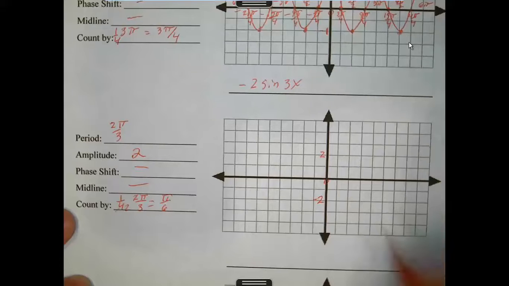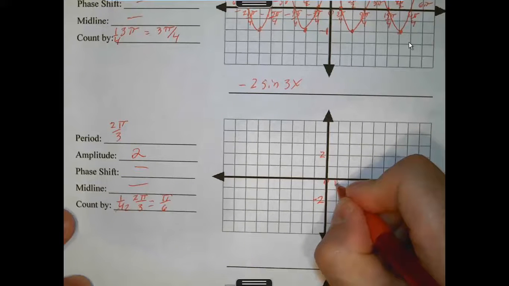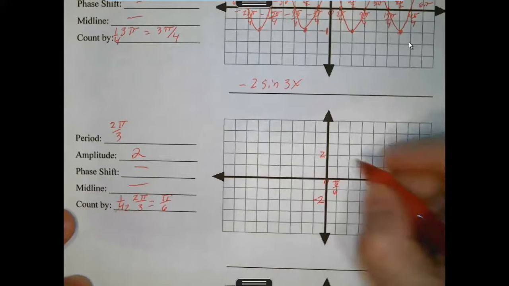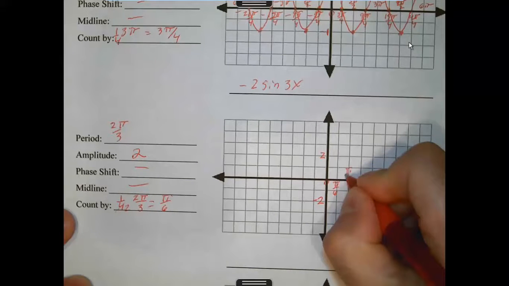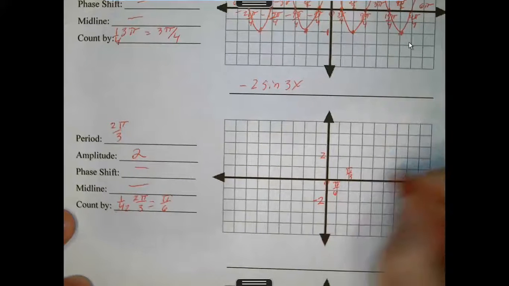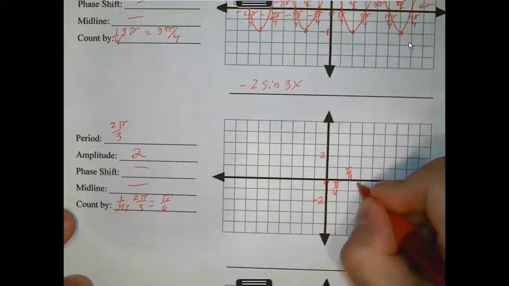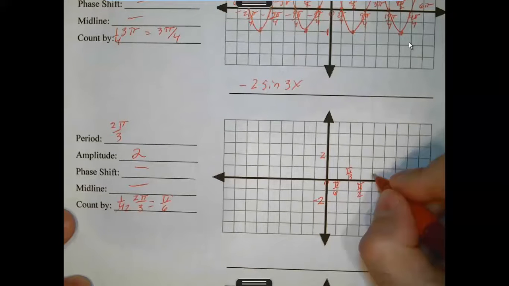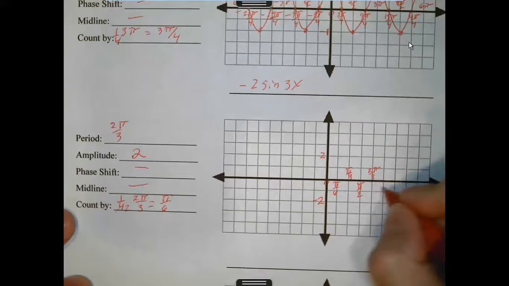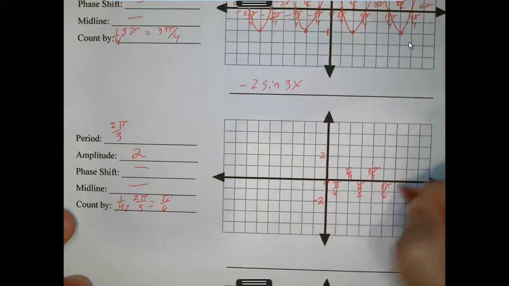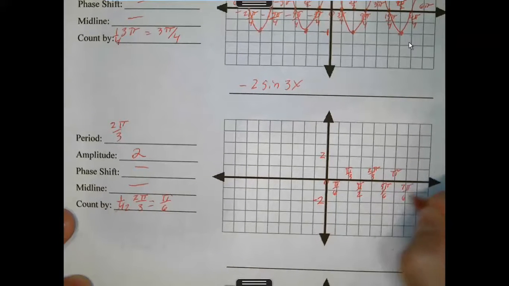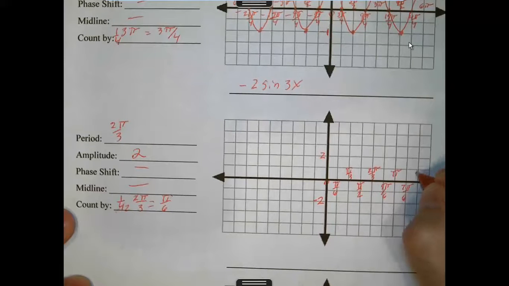Now notice each time I'm counting by pi over 6. So pi over 6. 2 pi over 6 reduces to pi over 3. 3 pi over 6 reduces to pi over 2. 4 pi over 6 reduces to 2 pi over 3. 5 pi over 6. 6 pi over 6 reduces to pi. 7 pi over 6. 8 pi over 6 reduces to 4 pi over 3.